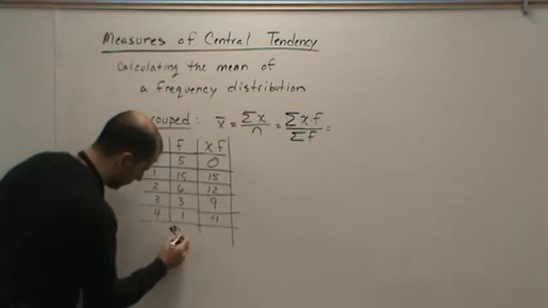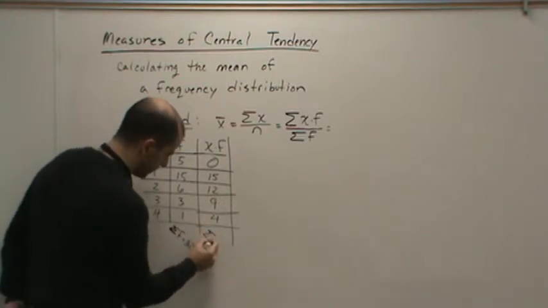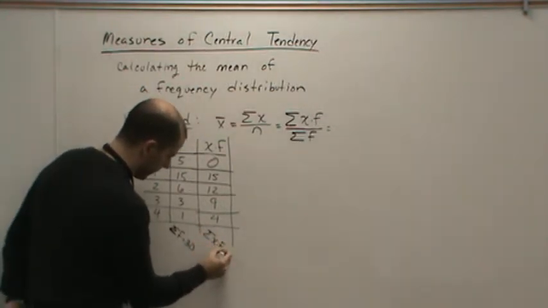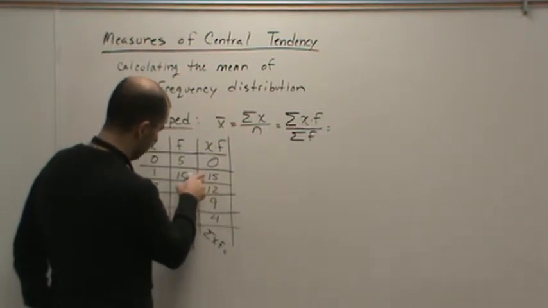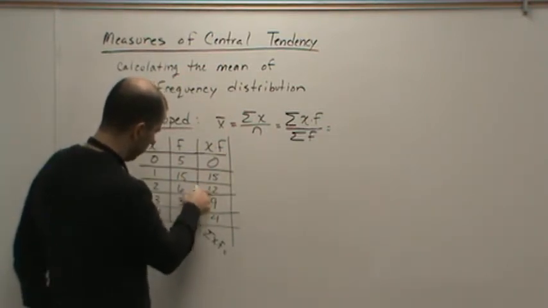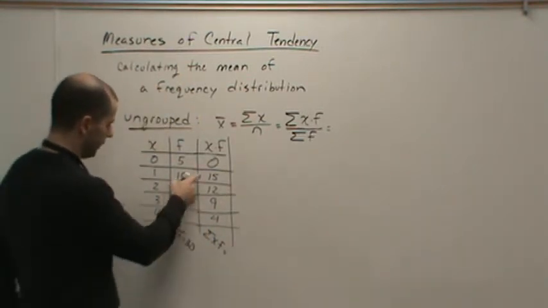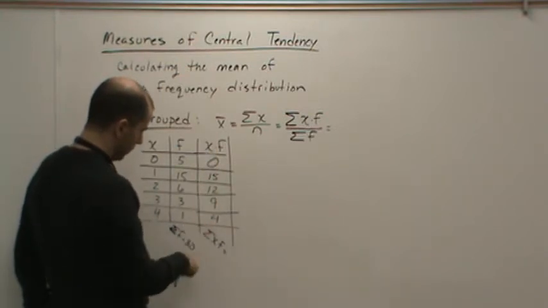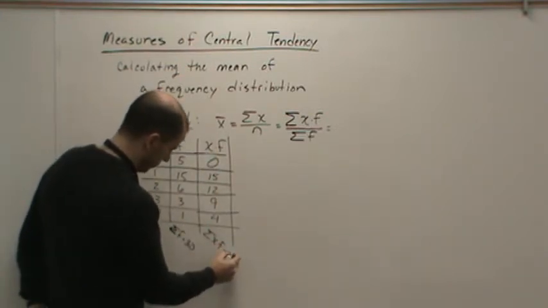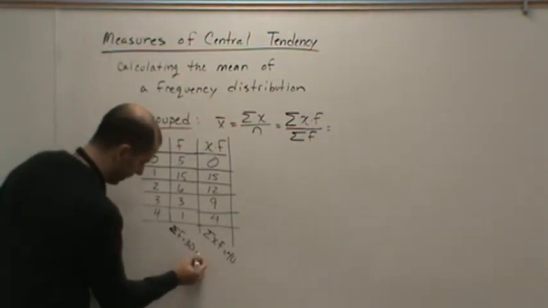And this is going to equal 30. This is going to be the sum of x times f, which is going to equal what? Well, this is going to be 0, 15, 27, 36, 40. It's going to be 40. So I get 15, 27, 36, plus 4 is 40. Okay? And this is n, right?